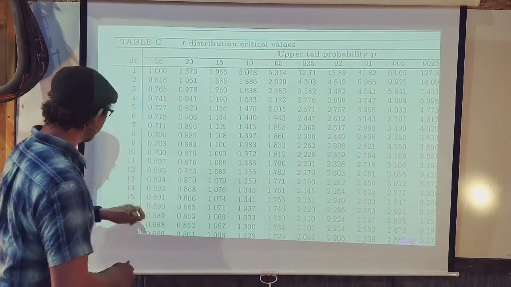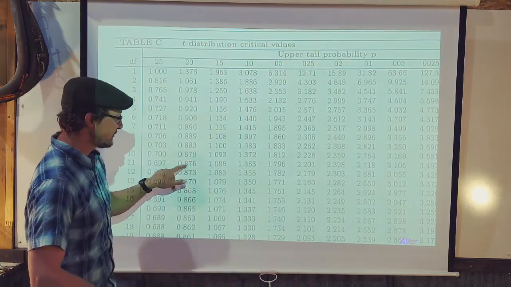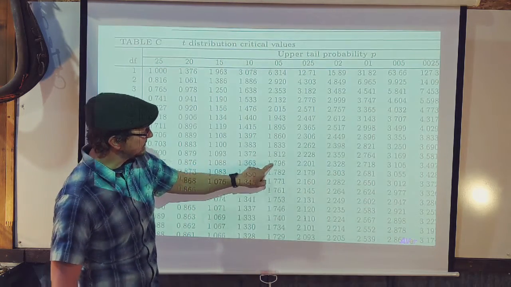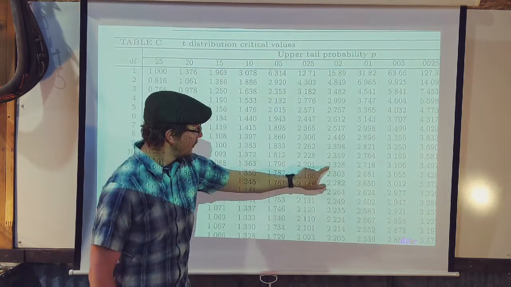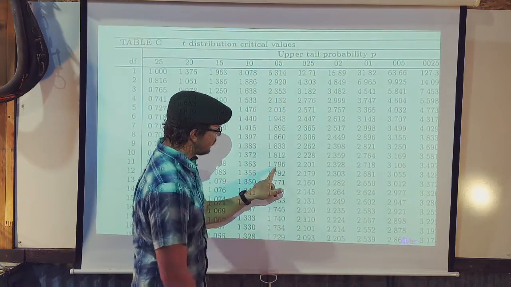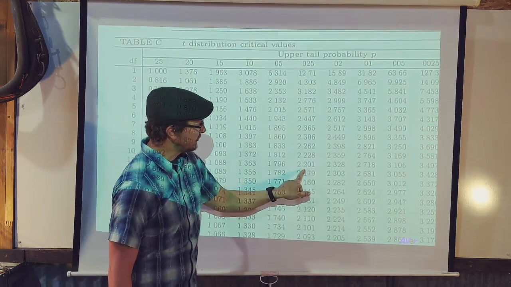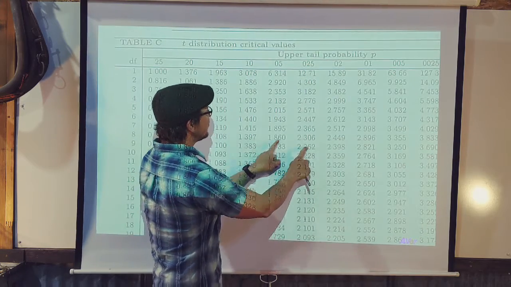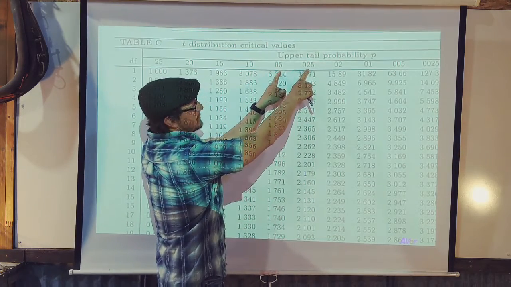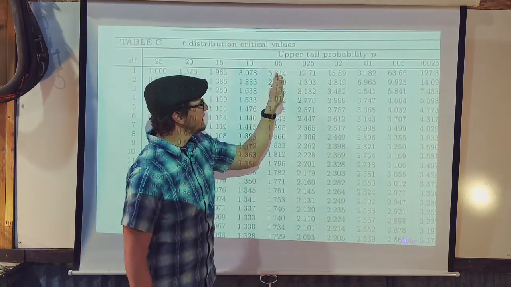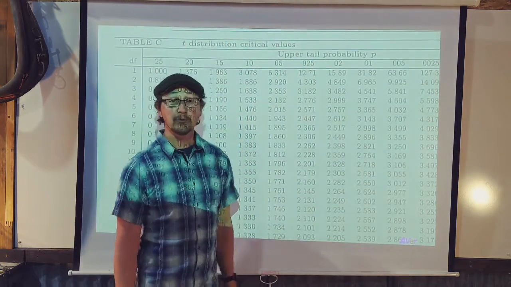So I'm going to truck along here at 11 degrees of freedom, and I'm looking for 1.95, but there isn't an exact 1.95. 1.95 lies between 1.796 and 2.201, between these two values. And so then I'm going to go up here and find out that my p-value, the one that I'm interested in, is between 5% and 2.5%.